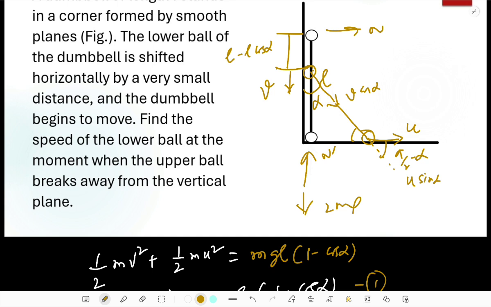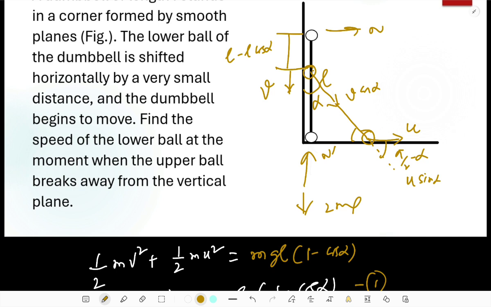So now it's breaking with the vertical wall. So in the horizontal direction, the velocity of the center of mass is due to the velocity of the lower ball.